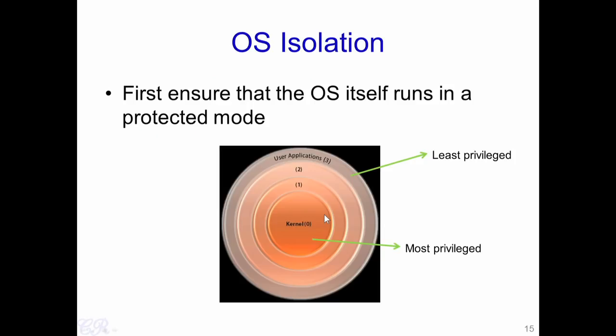So, in order to achieve this, most processors and most operating systems have this ring like structure. Essentially in the Intel platforms, that is the Intel processors, there are four rings: ring 0, ring 1, ring 2, ring 3. Now, ring 0 is where the operating system executes.